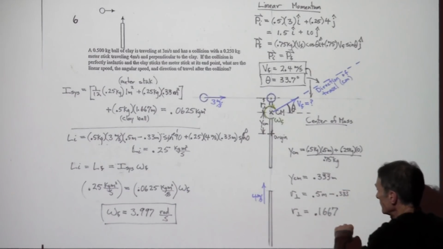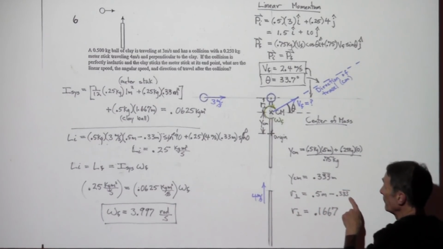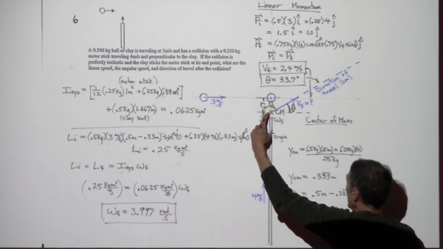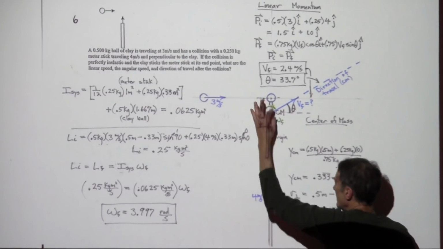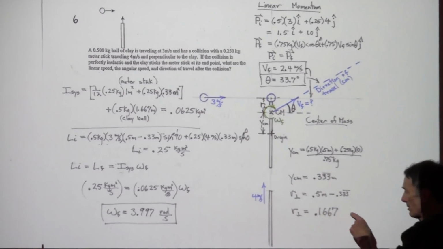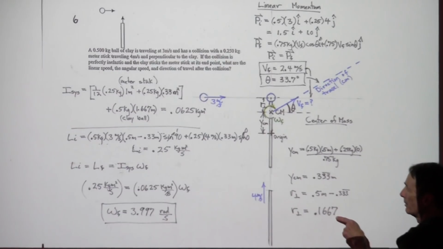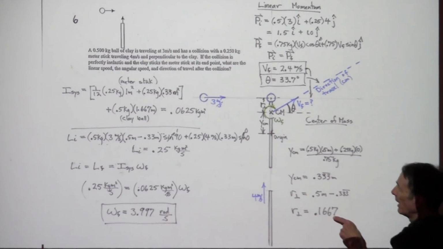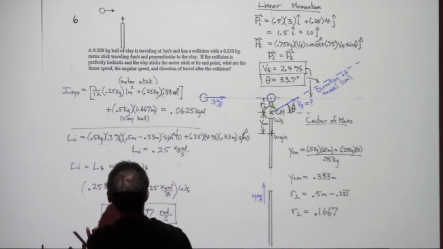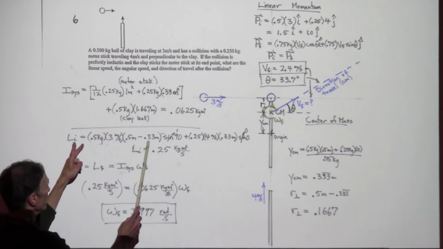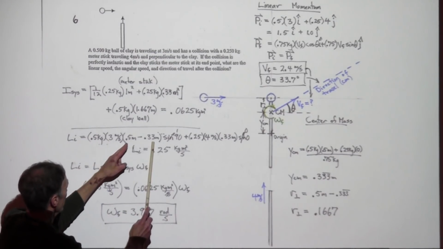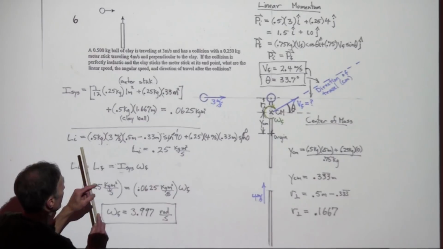And so I can get that from the math. Once I know that this is a third of a meter, this is going to be a sixth of a meter, or 0.1667, that perpendicular distance. And that's what I'm going to want to use with the clay ball.